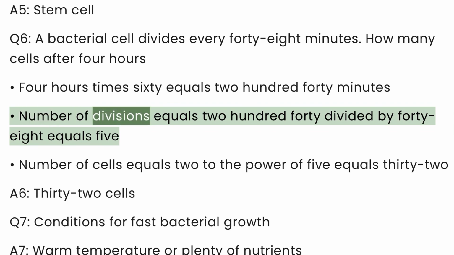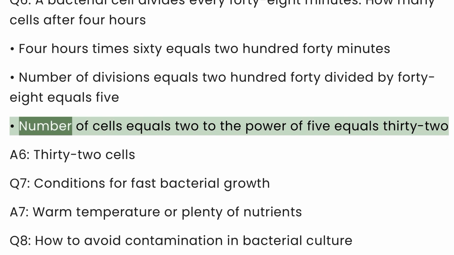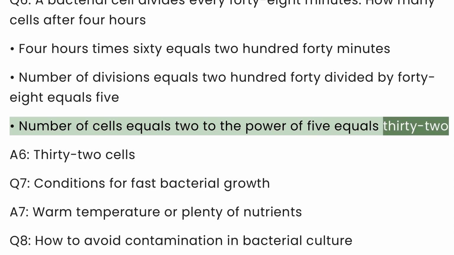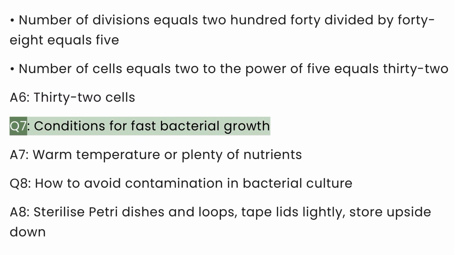Number of divisions equals 240 divided by 48 equals 5. Number of cells equals 2 to the power of 5 equals 32. A6. 32 cells.